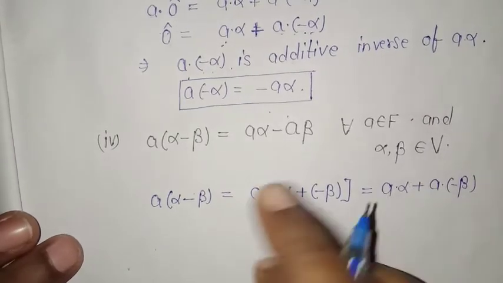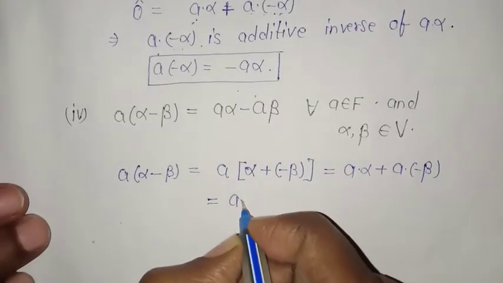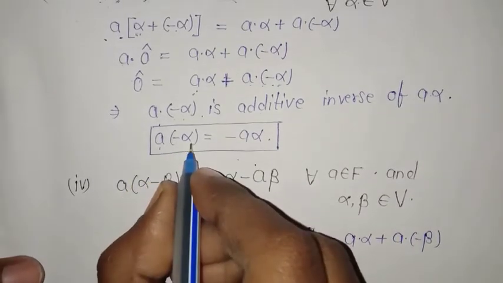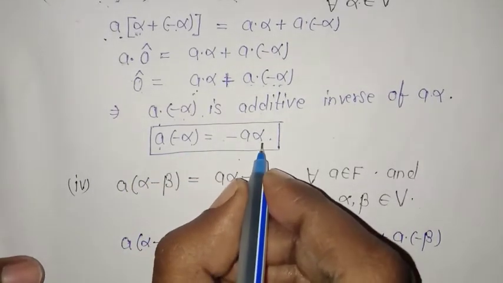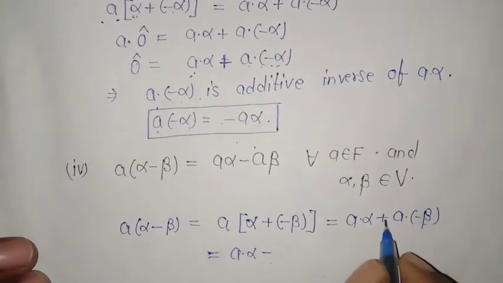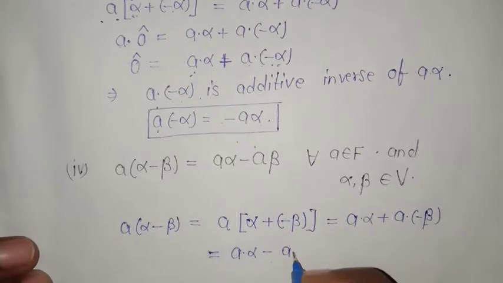If I use property number 3, then A dot minus alpha can be written as minus A dot alpha, where alpha was a vector. So beta is also a vector, so A dot minus beta can be written as minus of A dot beta.